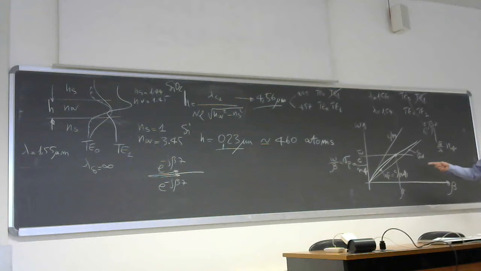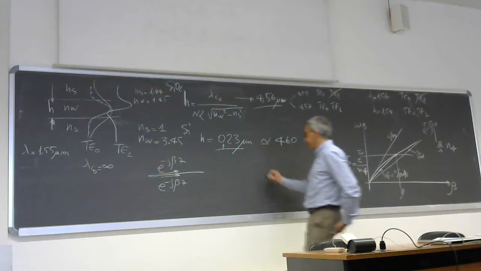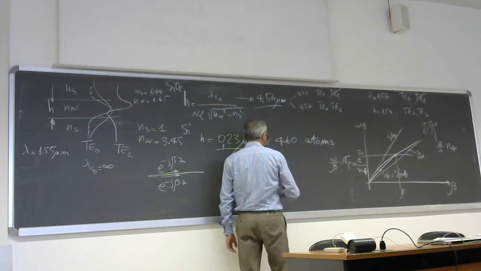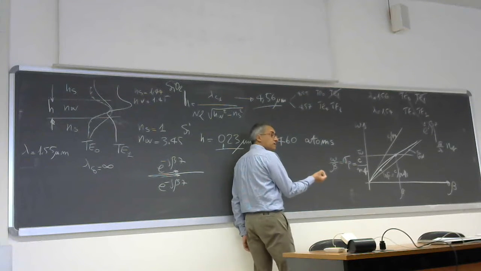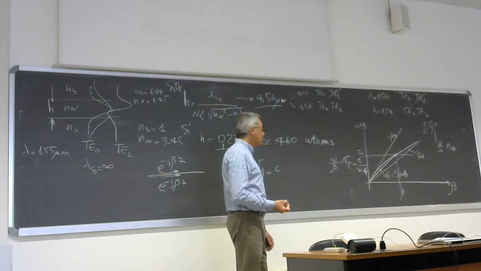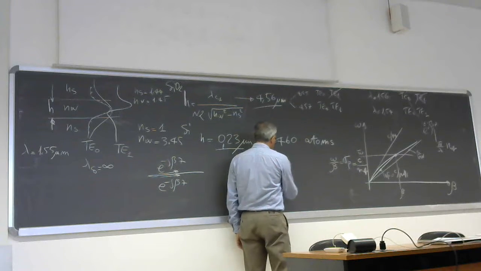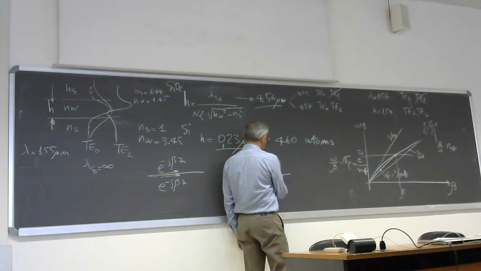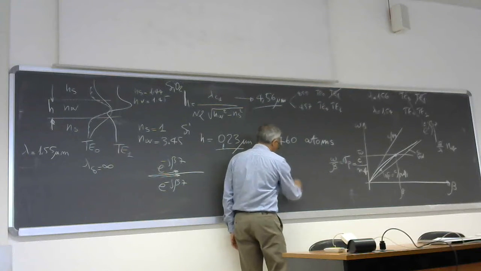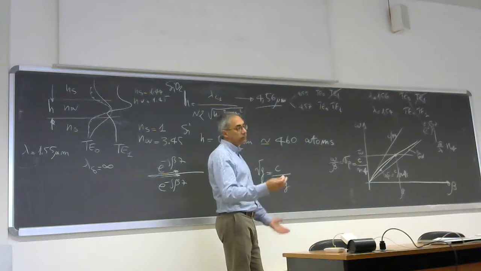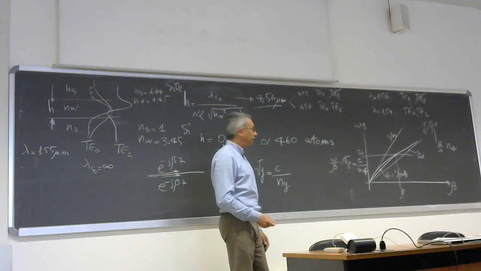So go back to this point. This is the phase velocity. We introduced the group velocity yesterday. The group velocity is nice to define as the speed of light divided by the refractive index. This is the group velocity, and we call the group index the relative refractive index.